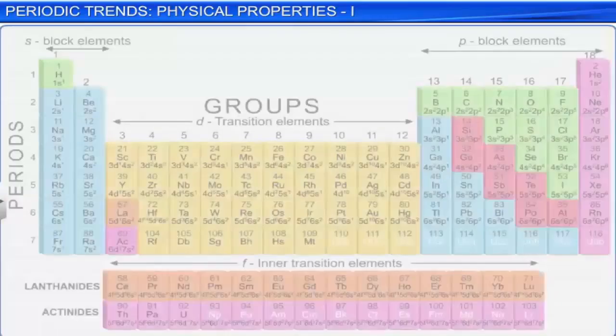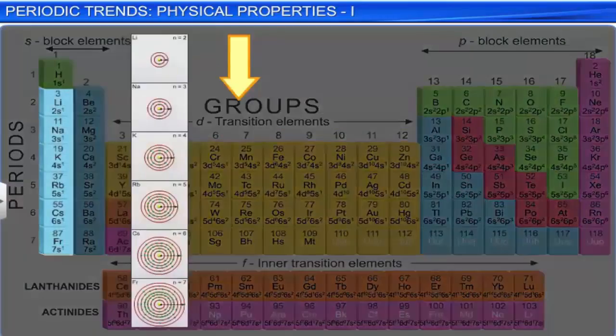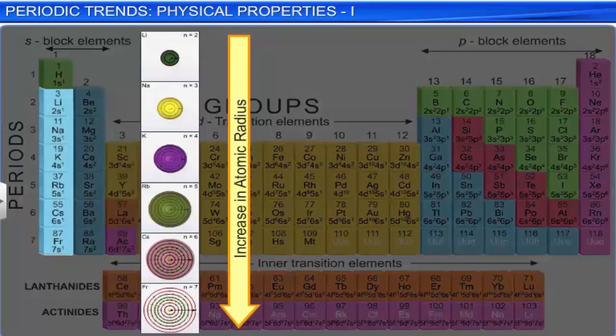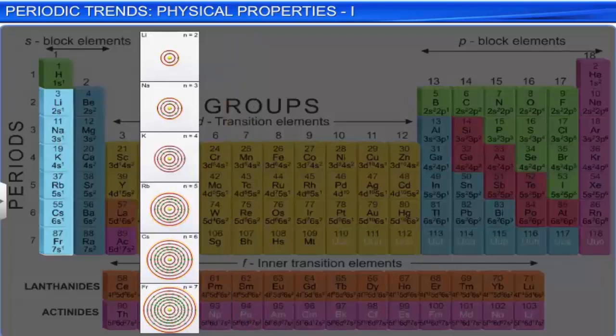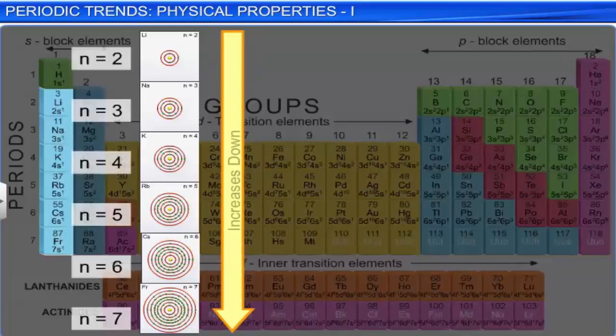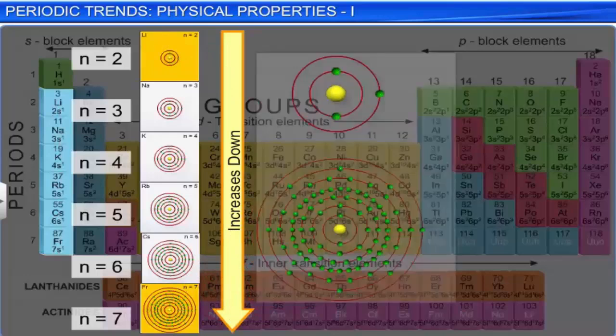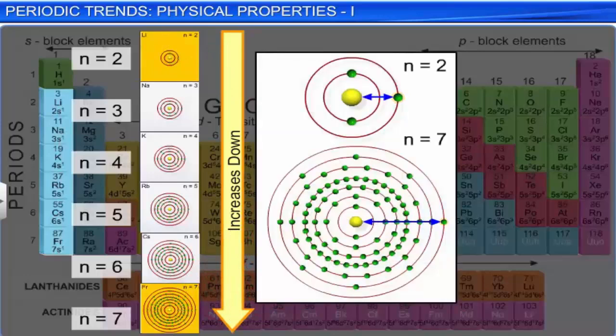Down the group, the atomic radius increases with the atomic number. As we move down the group, a new energy shell is added to each succeeding element. In other words, the principal quantum number n increases down the group, and the distance between the valence electrons and the nucleus increases.